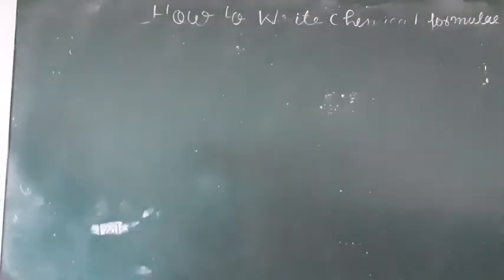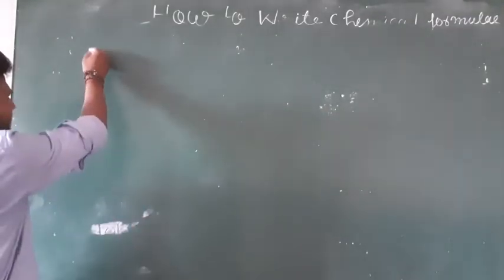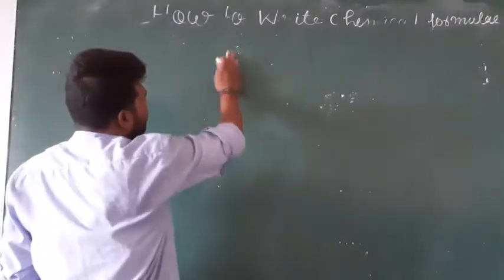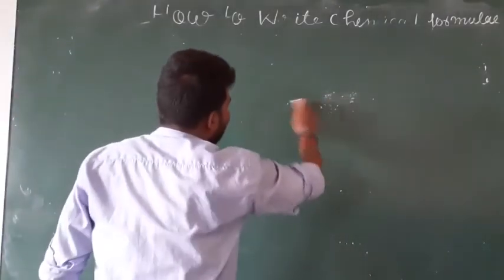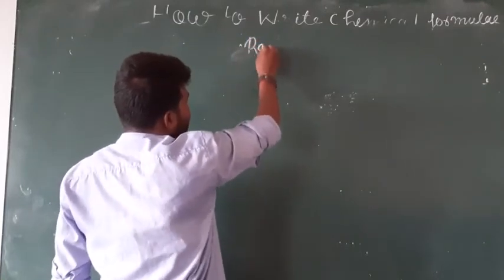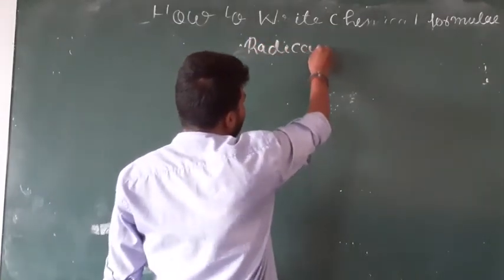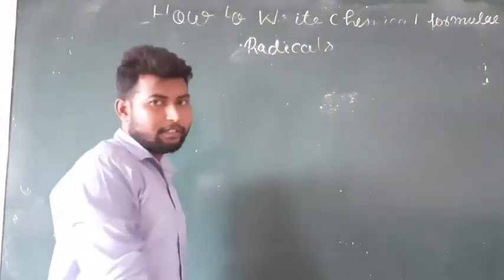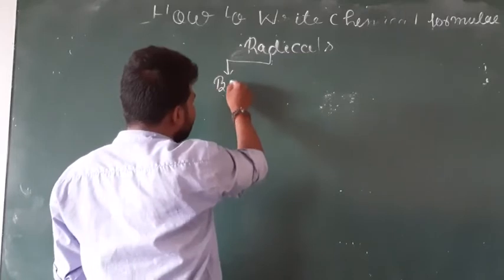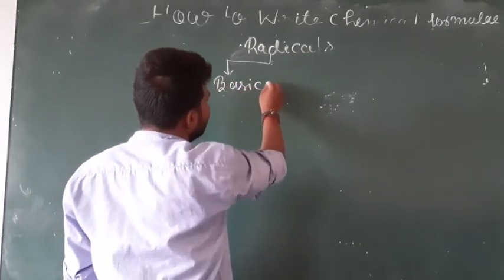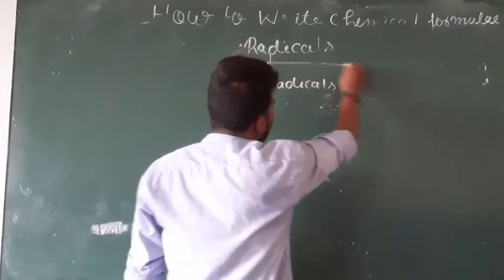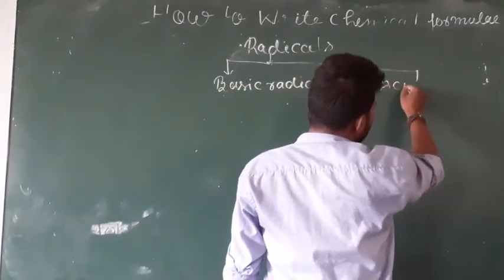So our first example: write a chemical formula. For your understanding, I am going to write some radicals, and we use those radicals to write the chemical formula. You know that radicals are of 2 types: basic radicals as well as acid radicals.